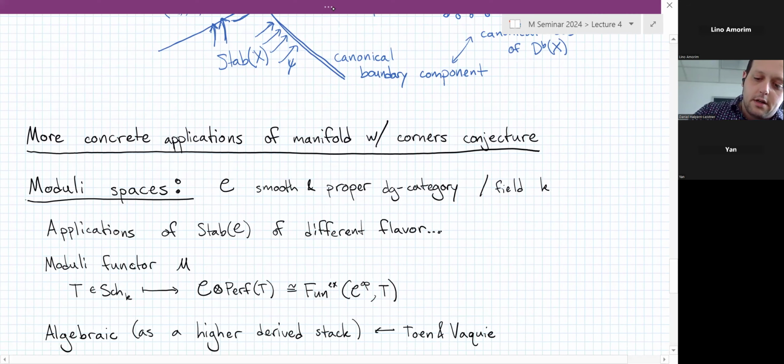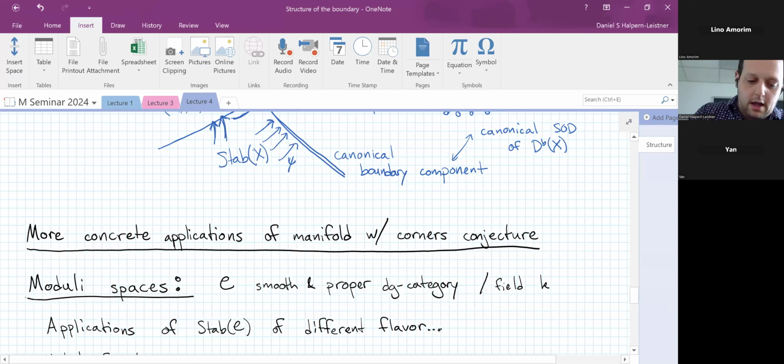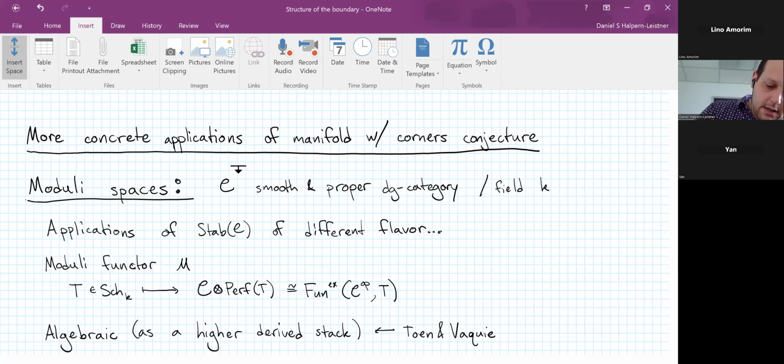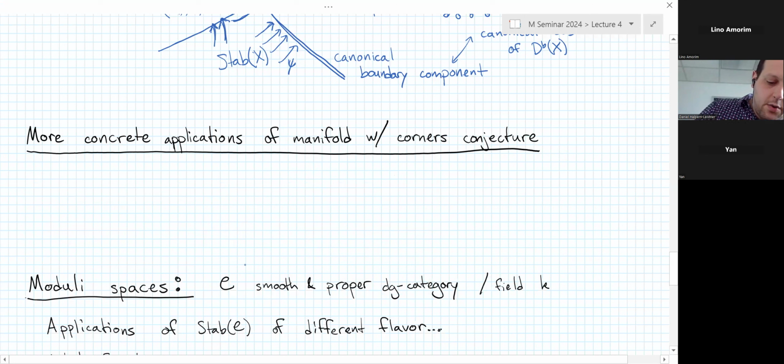Let me give myself more space. So we had these open subsets, where if you fix a multi-scale decomposition, you get an open subset of A stab.